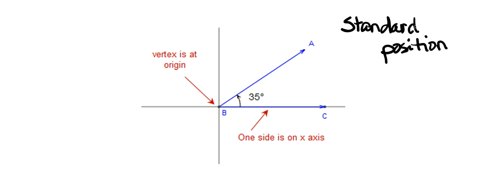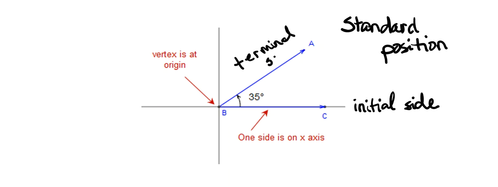So again, standard position simply means it starts on the positive x-axis and its vertex is on the origin. The place where it starts, or the side on the positive x-axis, is the initial side. Where it stops is the terminal side. Which makes sense. Terminal is where things end.